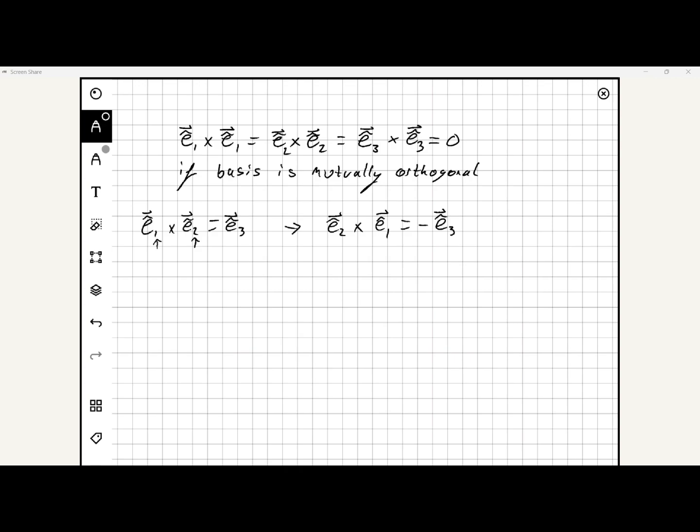This is the same for the others, so I'll write down e3 crossed with e2 equals negative e1, and e1 crossed with e3 gives us negative e2.